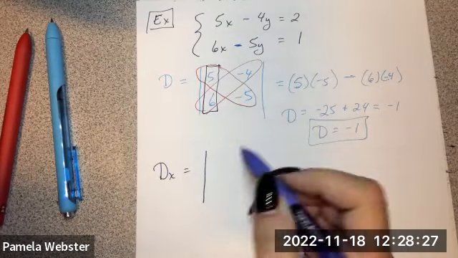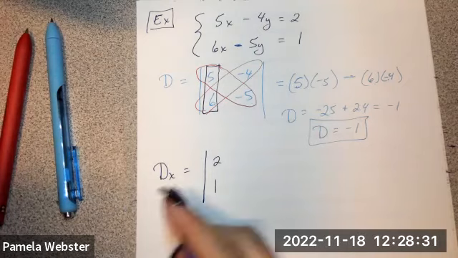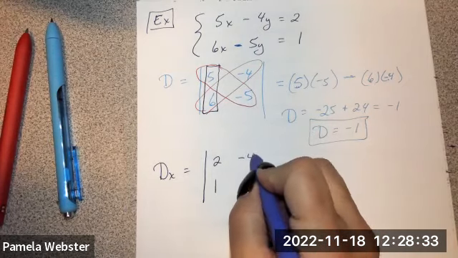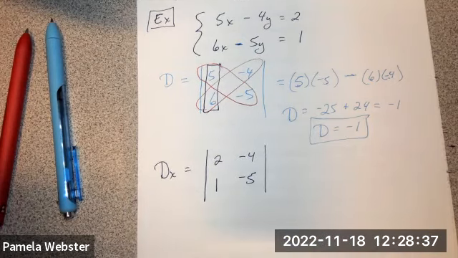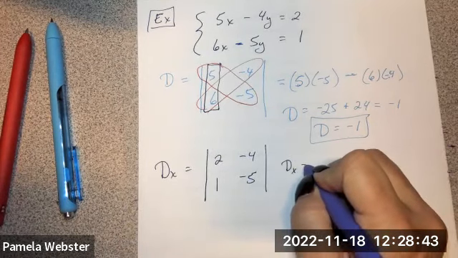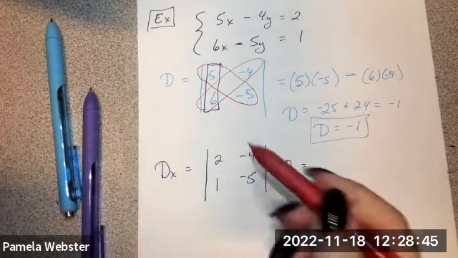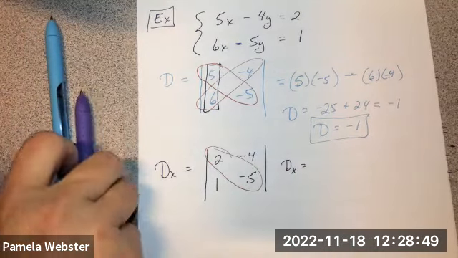So I'm going to substitute them with my constants, 2 and the 1, okay? The y's stay the same, -4 and -5, okay? So this is my D sub X determinant, okay? So the D sub X, I'm going to find the value the same way I just found all the other values, right? I just need to know what goes into this determinant before I do it.